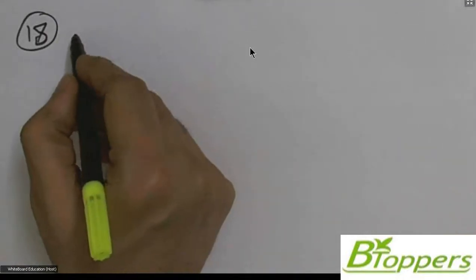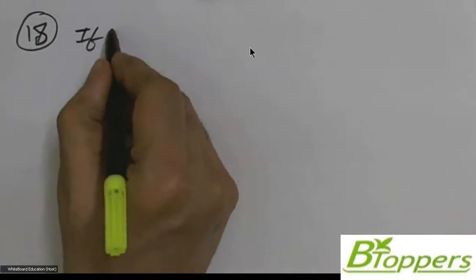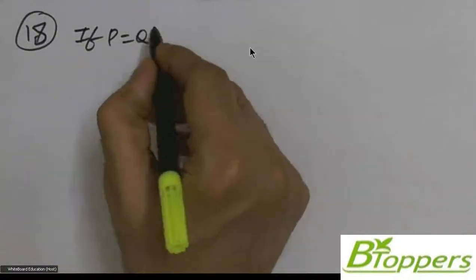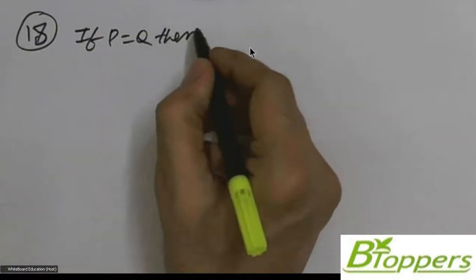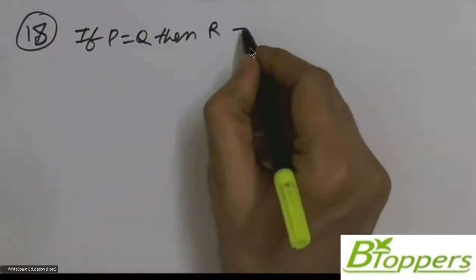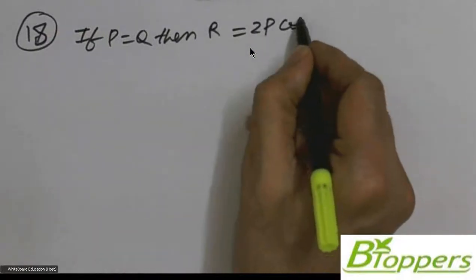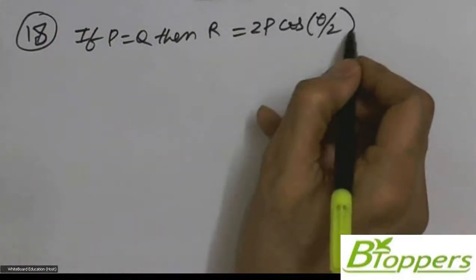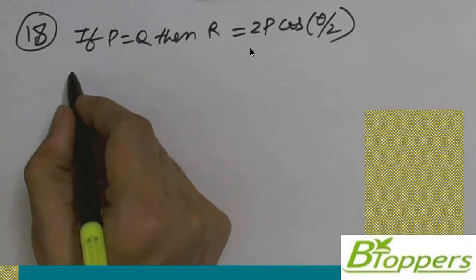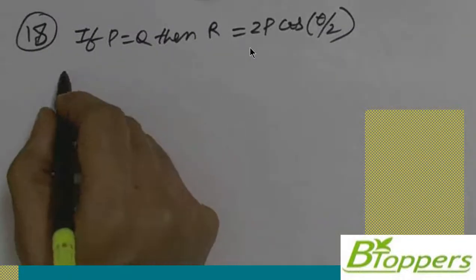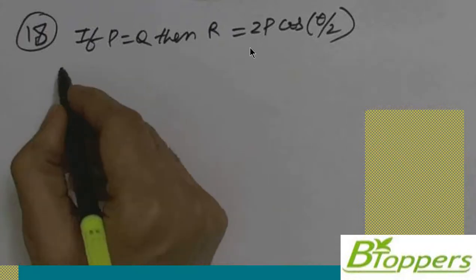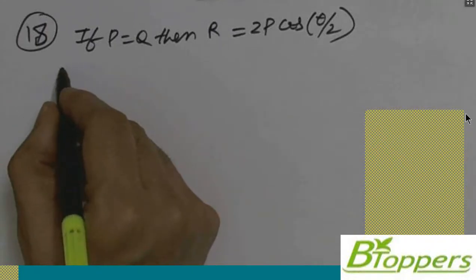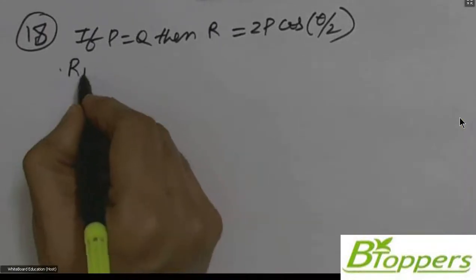In general, if two vectors p bar and q bar have same magnitude, as I discussed in the past, the magnitude of the resultant of the two vectors is given by r equal to 2p cos theta by 2. So magnitude of the resultant in the first case is denoted by r1.